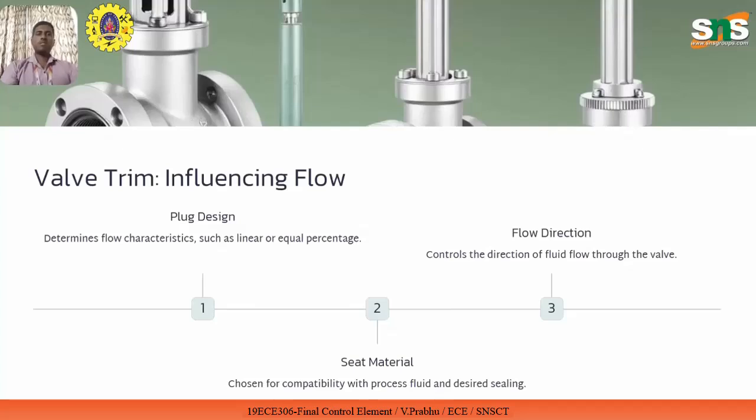For a small valve opening, there will be a higher output flow. We can decide based upon the valve trim. If it is a butterfly valve, even for a small opening, the output will have a large flow rate. So in that case, the valve will have quick opening type characteristics, right? And again, this valve trim controls the direction of flow through the valve, either from bottom to top or from top to bottom.